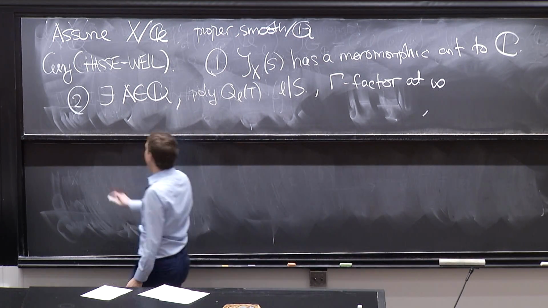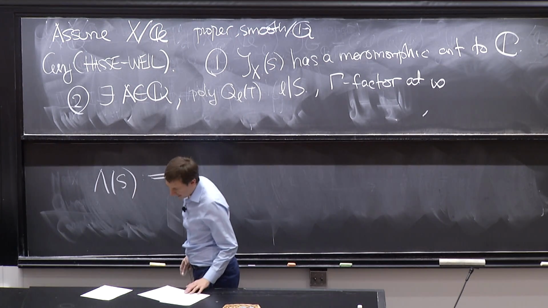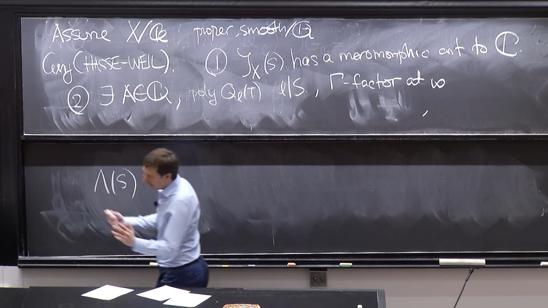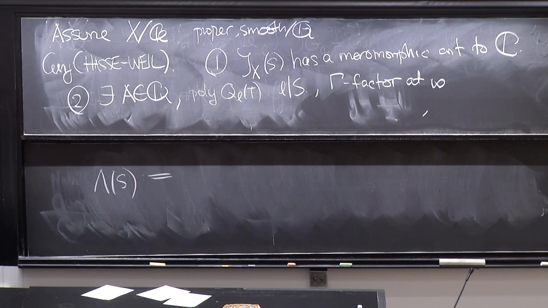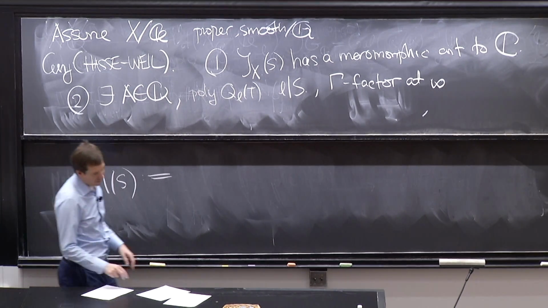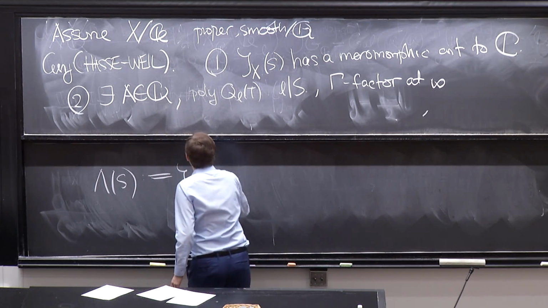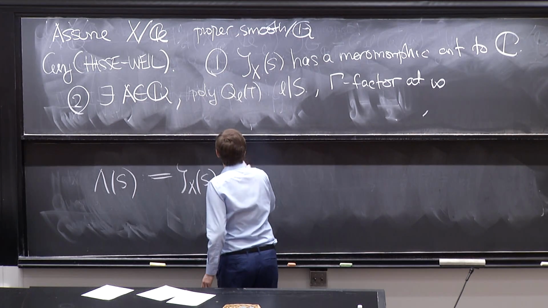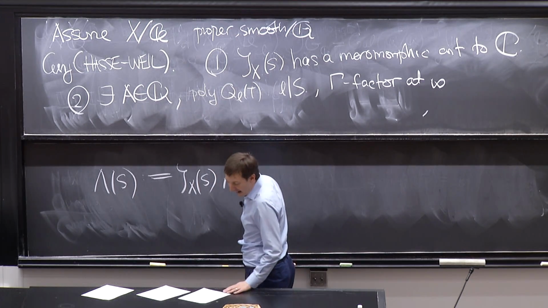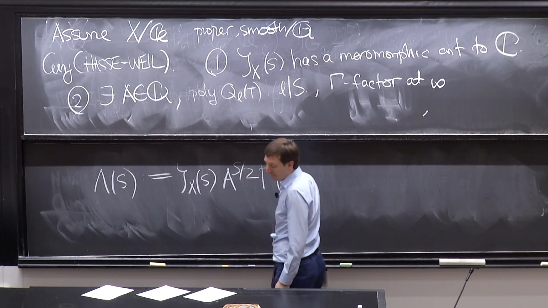So with these two together, I can form the corresponding completed L function, which I hopefully know how to do. I can multiply by A to some power of s. I can multiply by this gamma function.